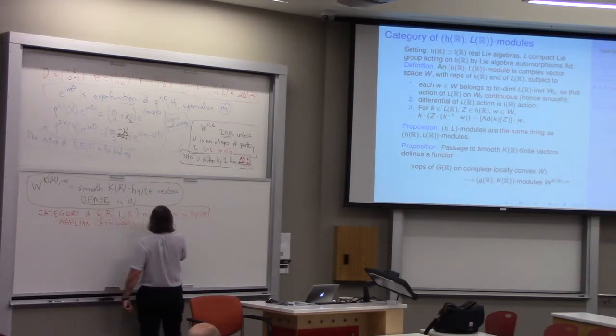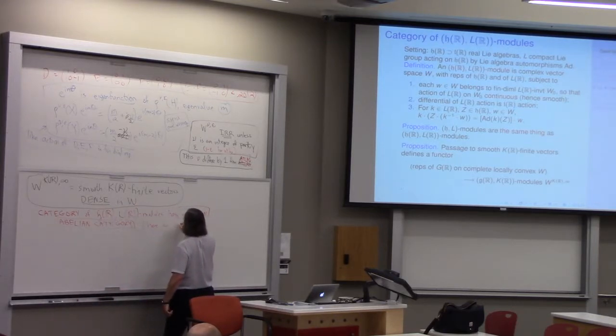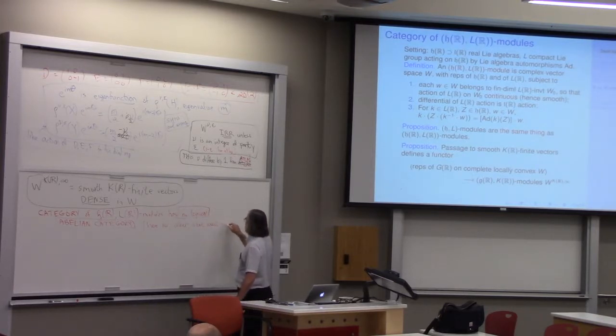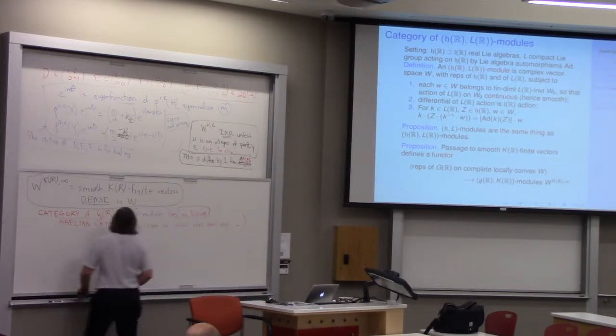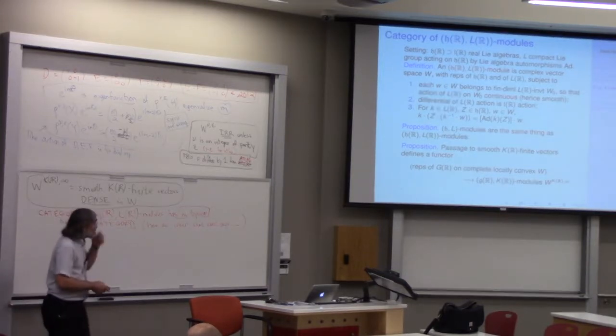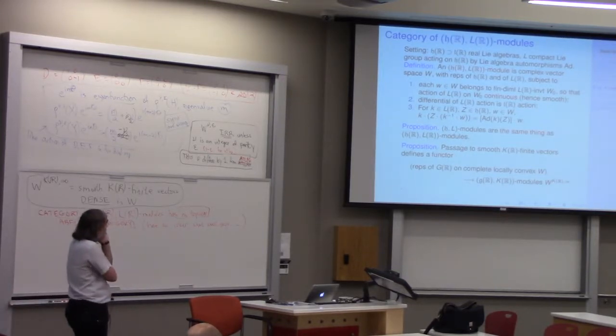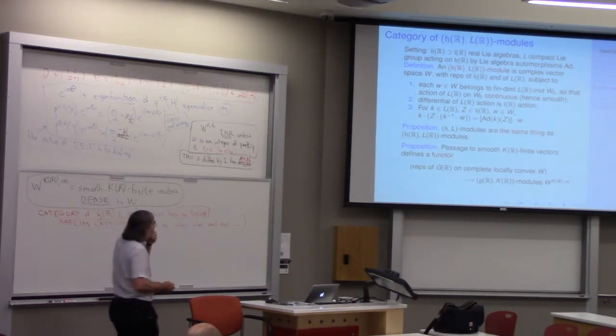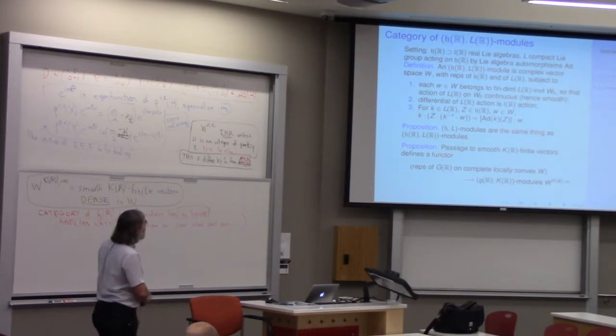So in other words, you have kernels, co-kernels, short exact sequences, and all that nice abelian category stuff. So that's nice.